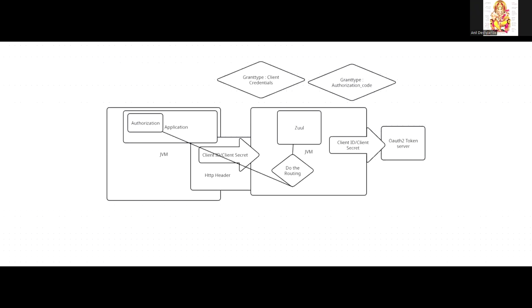So this is the OAuth2 token server, but for grant type authorization code, we can deal in two ways. One was browser intervention and one without browser intervention. So now I'm going to discuss this one we discussed without browser intervention.